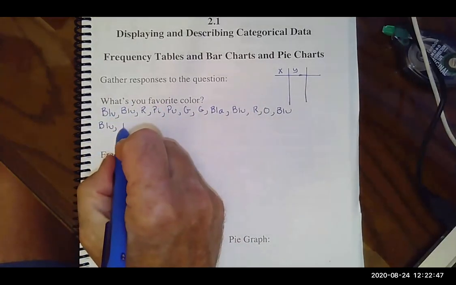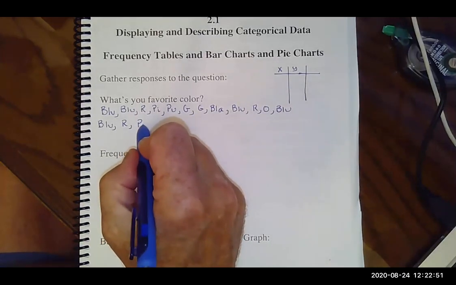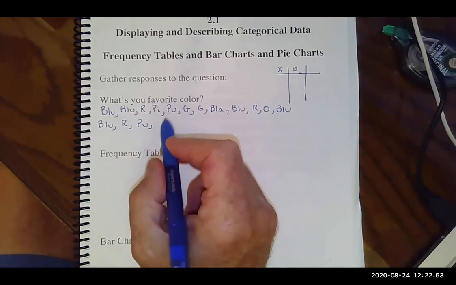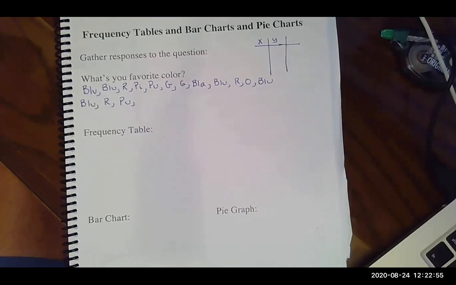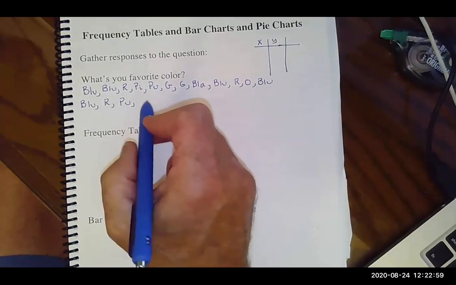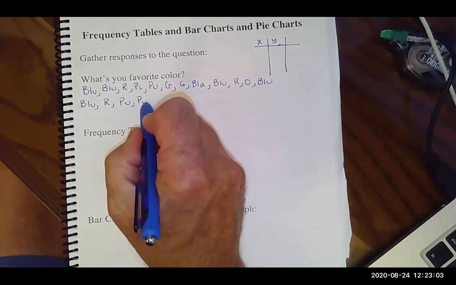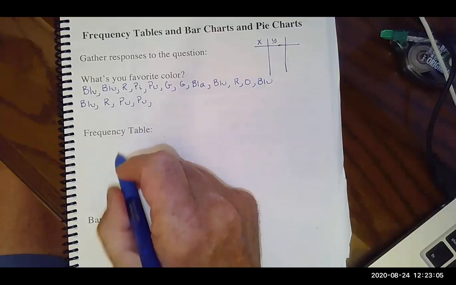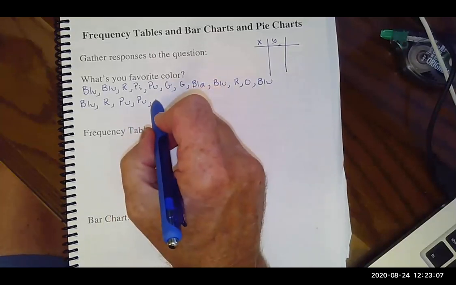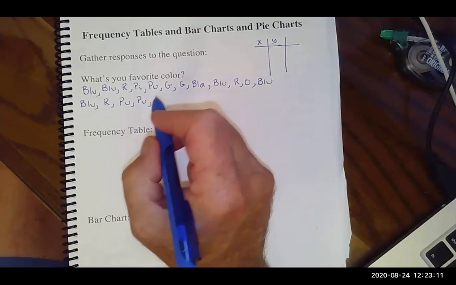Red. Purple. Okay, I heard two people, but I didn't hear either one. Blue. Purple. I heard purple again, and the other person that didn't say purple. Maybe I heard two responses.